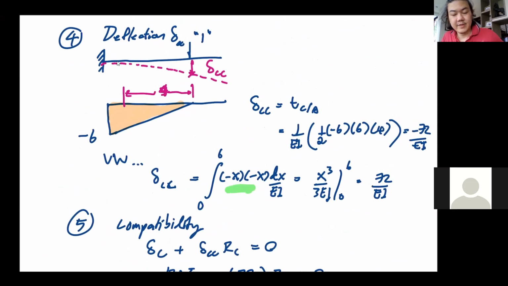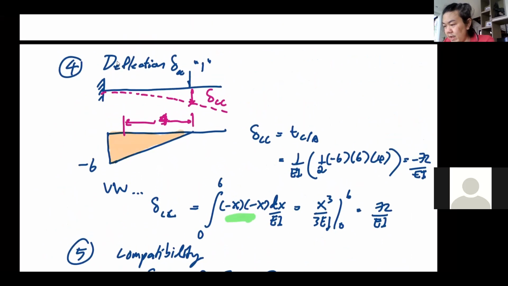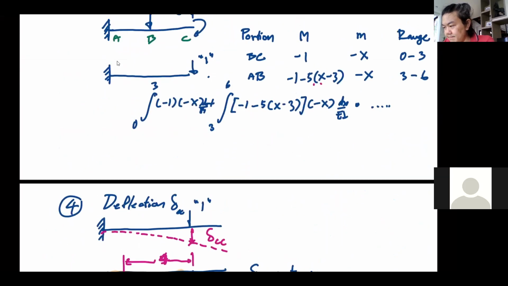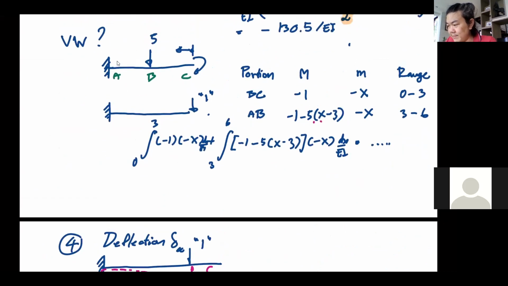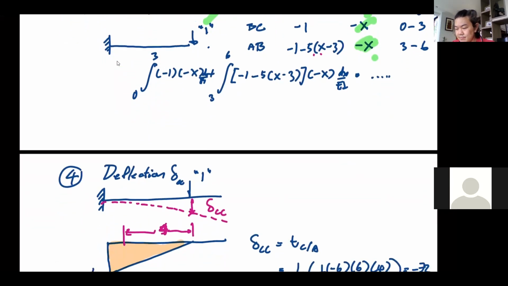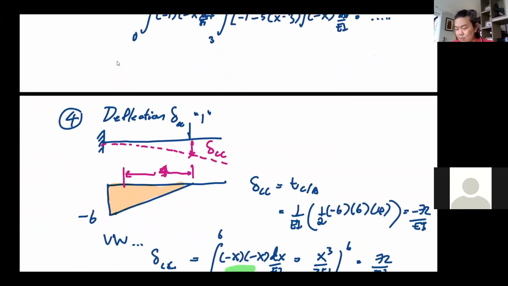Yes, that one. Yeah. I didn't show it in details because we did it here. It's the same as this one. See? We want to know the displacement caused by the unit load, right? Which we already did this, but this time it's just like in the previous work.